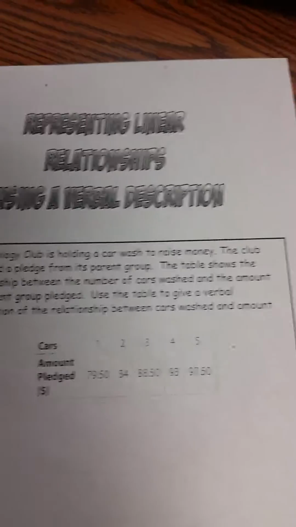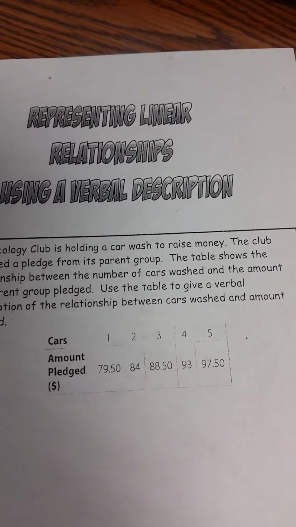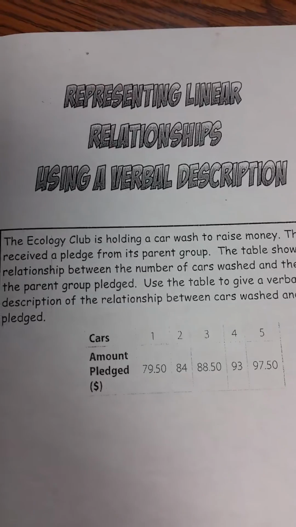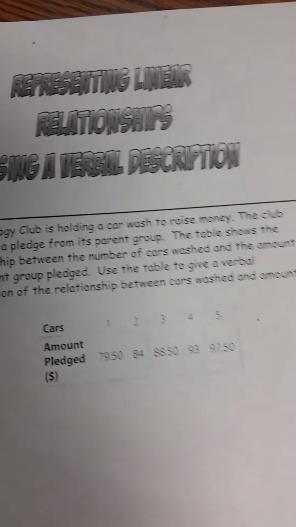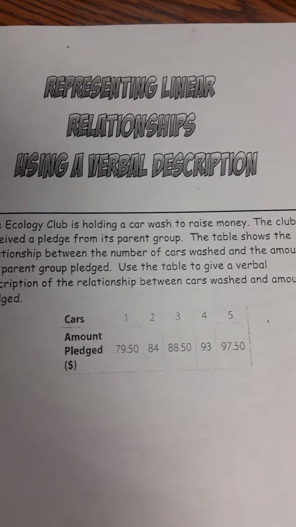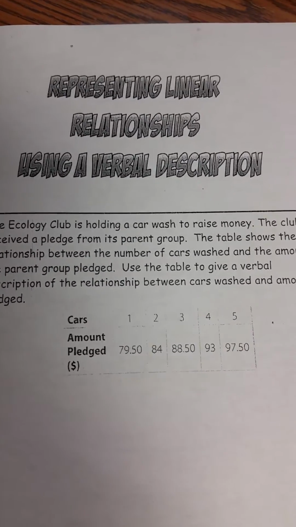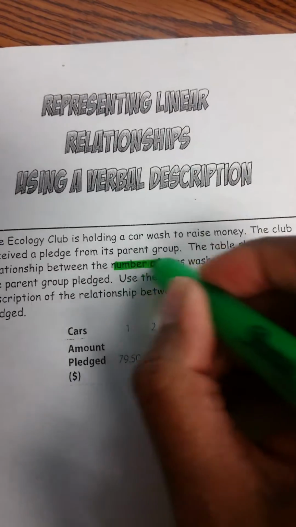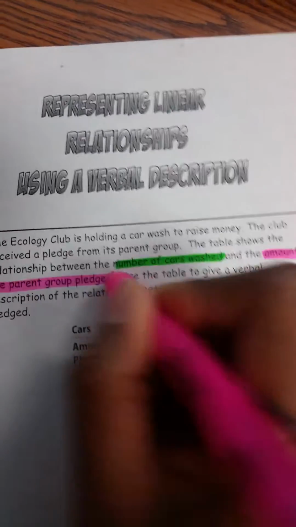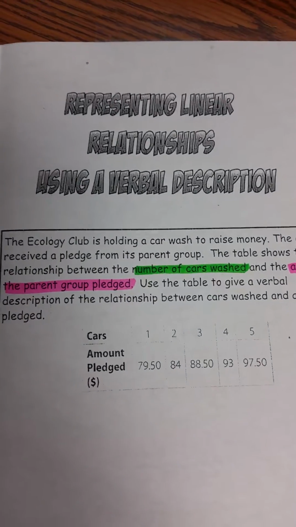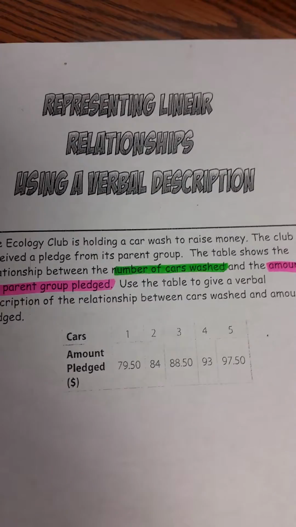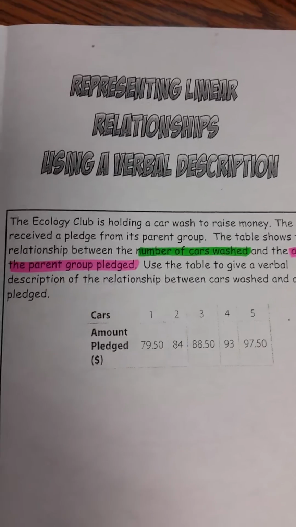Okay, now we're going to do representing linear relationships using a verbal description. The Ecology Club is holding a car wash to raise money. The club received a pledge from its parent group. The table shows the relationship between the number of cars washed and the amount the parent group pledged. So we're going to use this table to give a verbal description, meaning we're going to actually write out the relationship between cars washed and amount pledged.